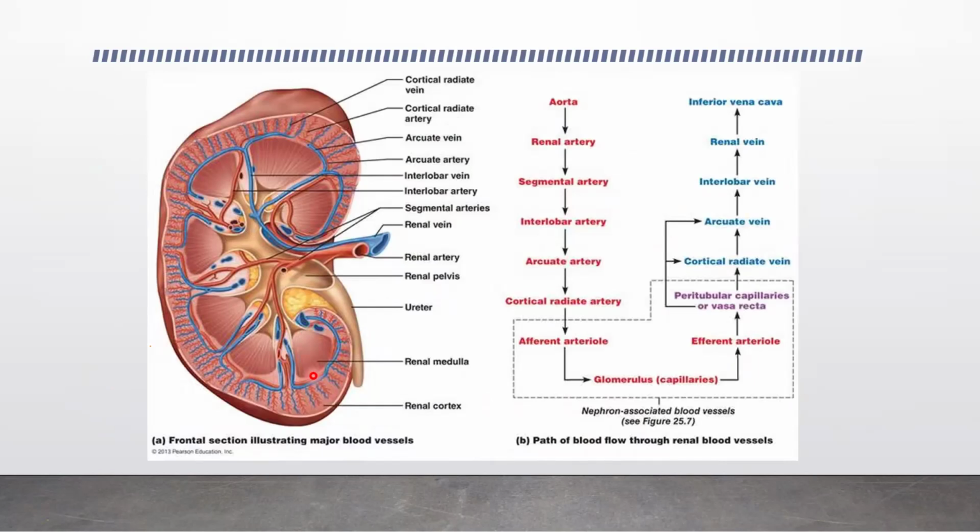So you need to talk about the microcirculation of the kidney. So the blood is coming from the abdominal aorta. So this is the abdominal aorta, from the abdominal aorta to the renal arteries. From the renal arteries, we'll have segmental branches.